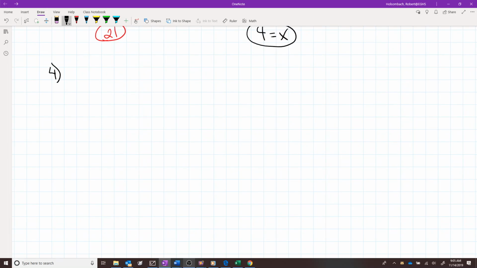Number 4 says that DF bisects EDG. Another angle bisector problem.